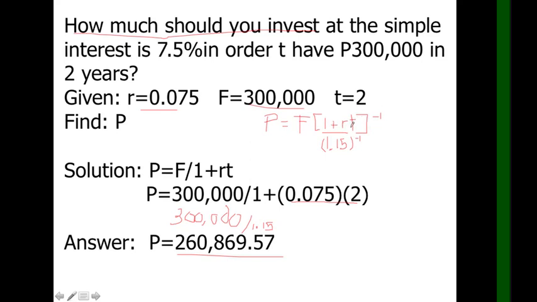So, 1 plus RT, yung nakuha mo, which is 1 plus 0.075 times 2 is 1.15 raised to negative 1, at yung nakuha mo dun sa raised to negative 1, i-multiply mo ng 300,000, hindi siya i-divide, and then ang makukuha mo is same lamang ng 260,869.57. So, pareho lang sila ng makukuha. So, either ito ang gagamitin mong formula o ito ay pareho lamang ang makukuha mo. Just follow lamang yung procedure.